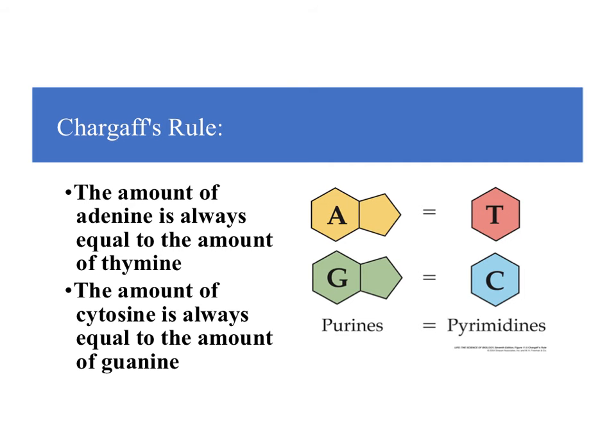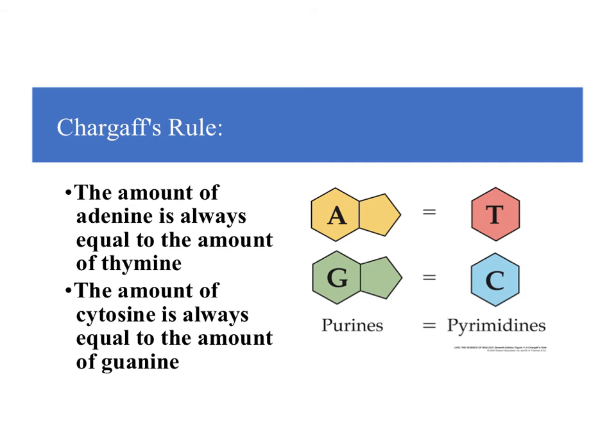So Chargaff is the next scientist, and he was comparing the amounts of adenine and guanine and thymine and cytosine in DNA samples. And he found that the amount of adenine always equals the amount of thymine, and the amount of cytosine always equals the amount of guanine.